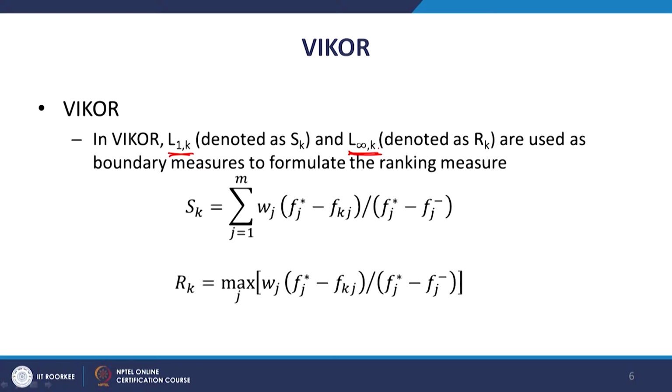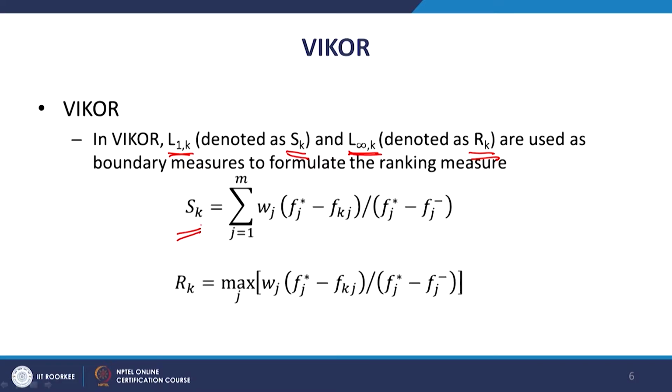Here you can see L1k is also denoted by Sk, and L infinity k is also denoted by Rk. These two measures, Sk and Rk, will become an important part of the VIKOR steps that we are going to talk about. When we take the values of 1 and infinity to define these two measures, you can see how the expressions are going to be.